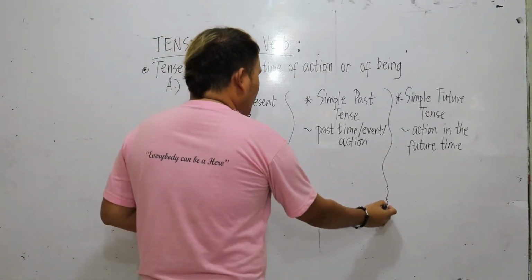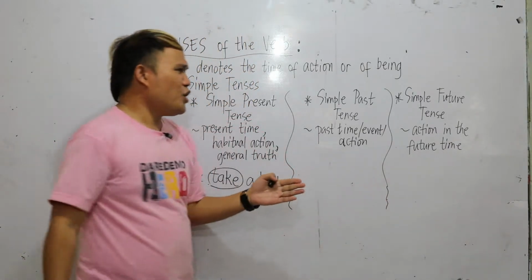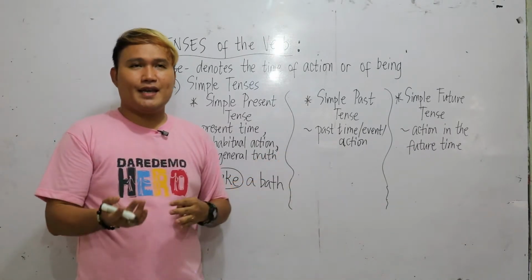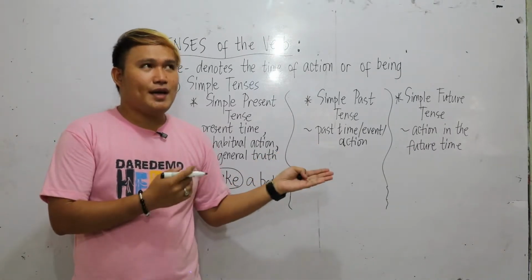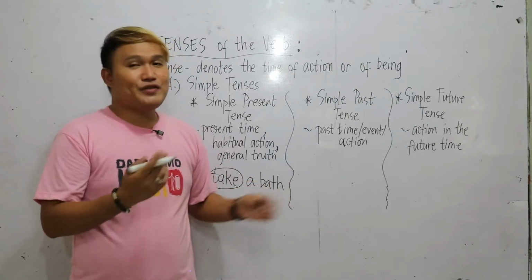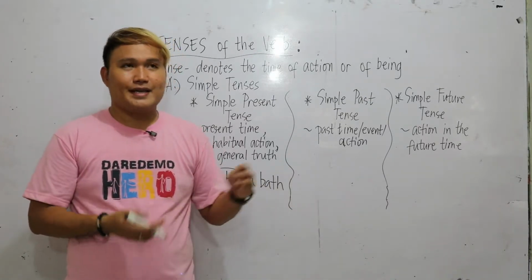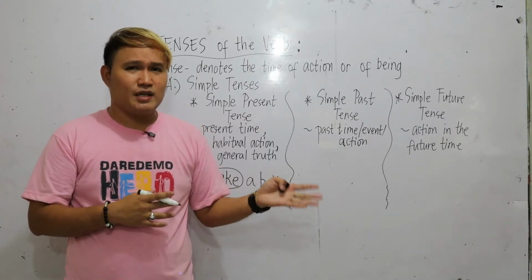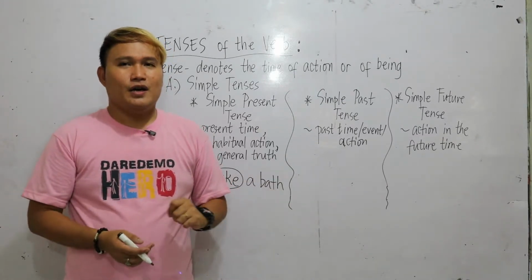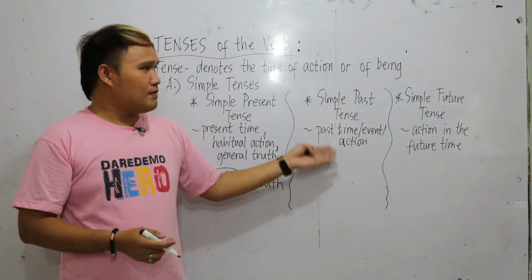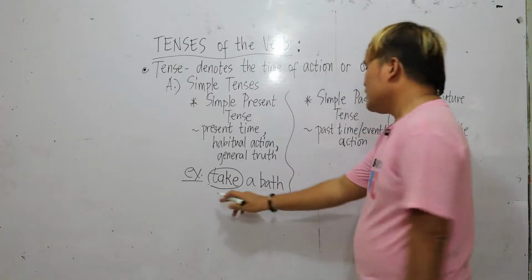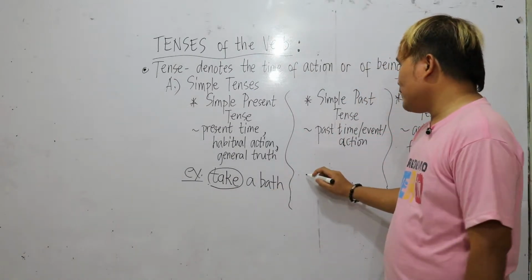Now, if you want to convey that you're referring to a past action, you have to use time expressions like yesterday. What else? Last Monday, last week, last month, last year. So that's an example of simple past. You have here take, it will become took for simple past.